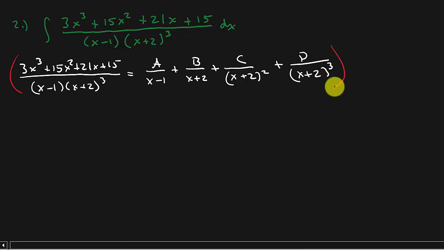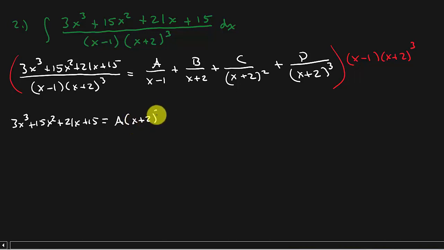And we are going to multiply everything through by the common denominator, which is x minus 1 times x plus 2 cubed. And we are left with 3x cubed plus 15x squared plus 21x plus 15 equals a times x plus 2 cubed plus b x times x plus 2 squared plus cx times x plus 2 plus dx.